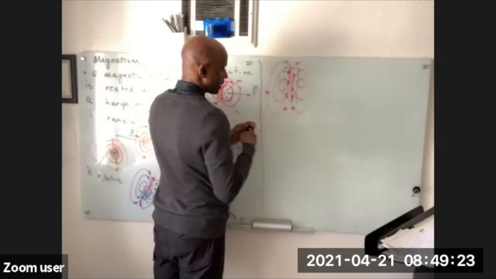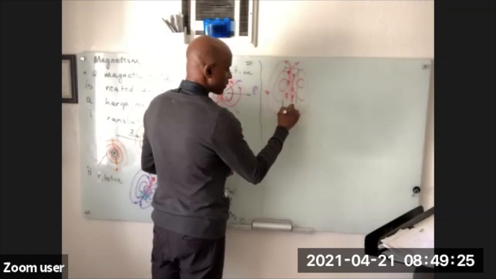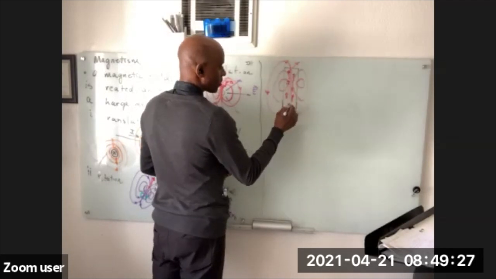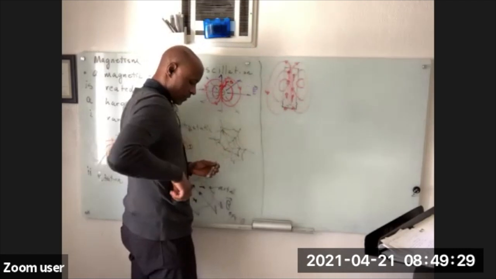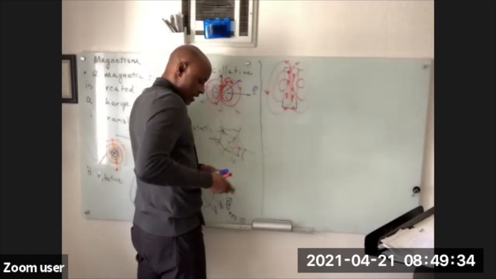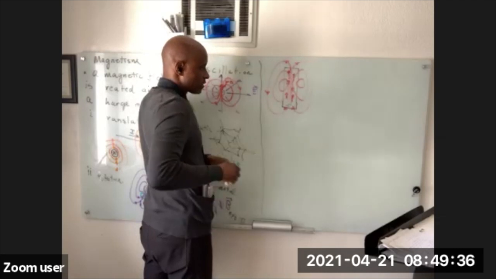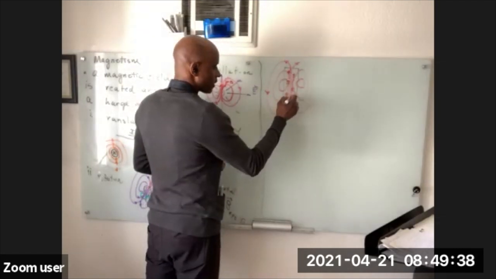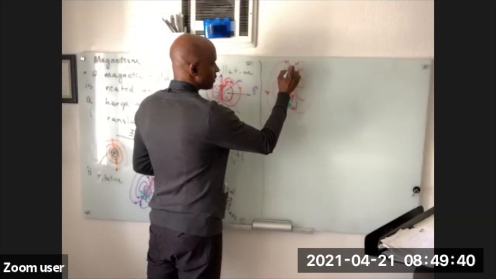What I was illustrating here is that this would be considered the south pole of the bar magnet, where the field lines run into the bottom, and the north pole would be where the magnetic field lines come out of the bar magnet.